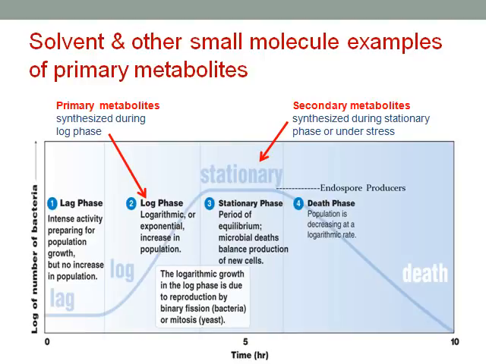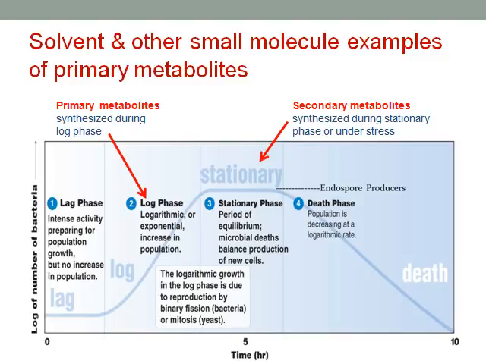First there is the lag phase, where there is intense activity preparing for population growth, but there's no increase in the population size. There's the log phase, with logarithmic or exponential growth and increase in the population size. Third, there is the stationary phase.